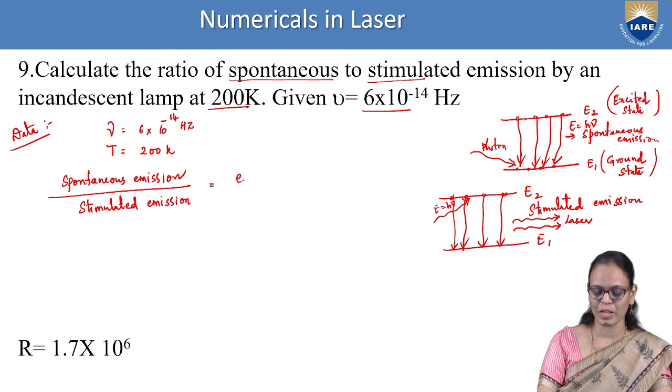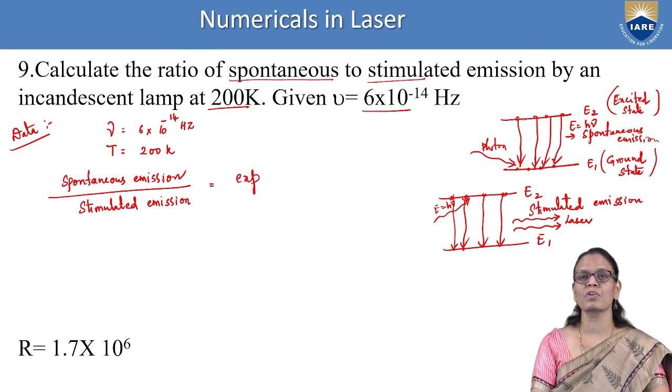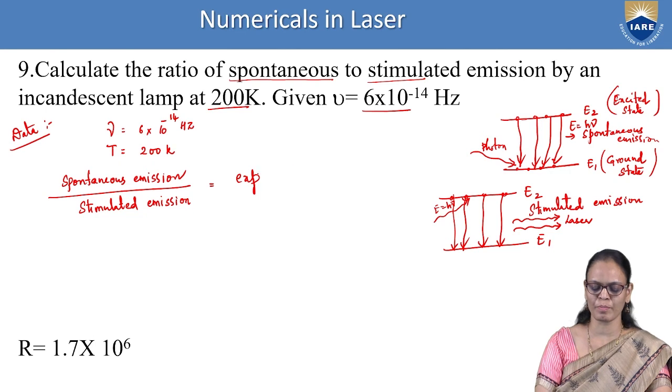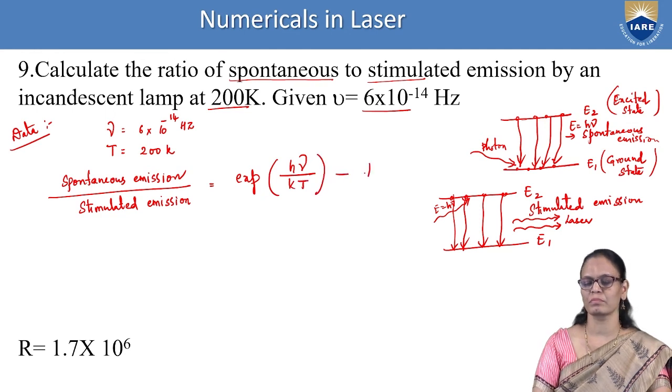So what is the formula we have for spontaneous emission to stimulated emission? Exponential h nu by kT minus 1.